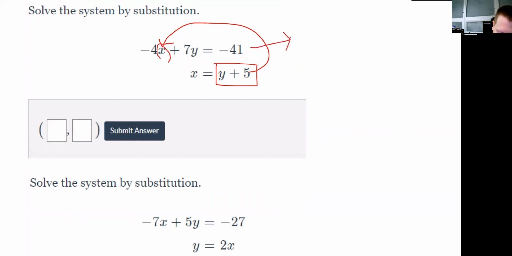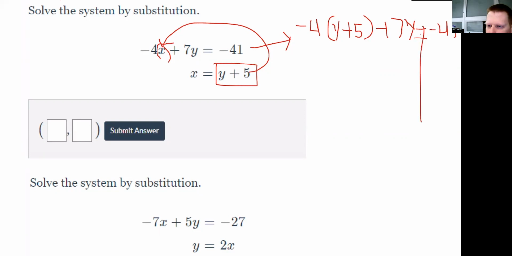So if I rewrite this top equation, I'm going to have negative 4, but instead of that x, I'm going to replace it with y plus 5, and then plus 7y equals negative 41.